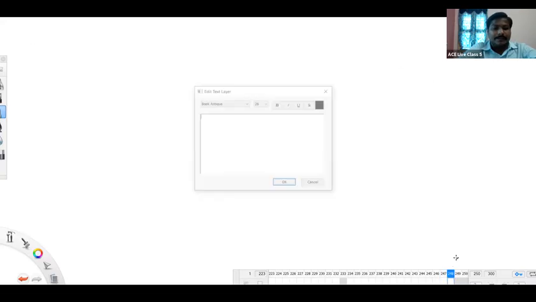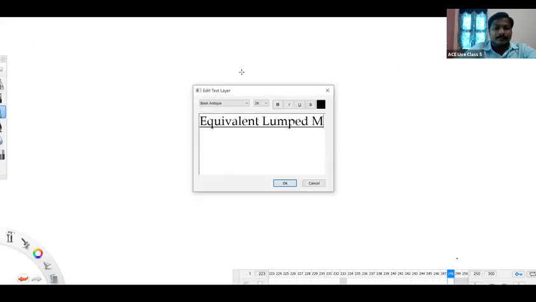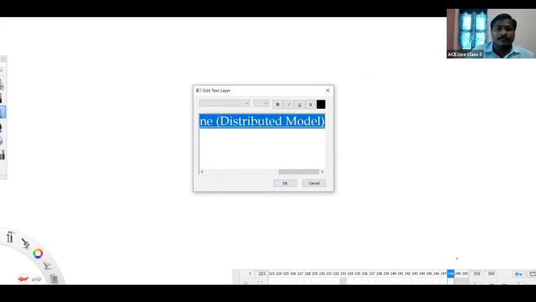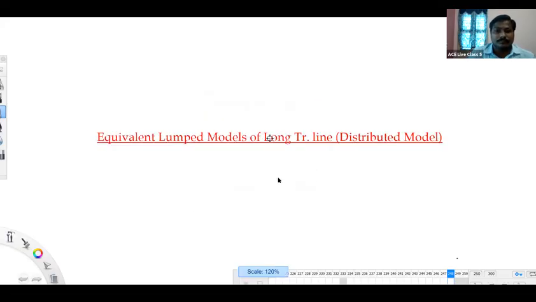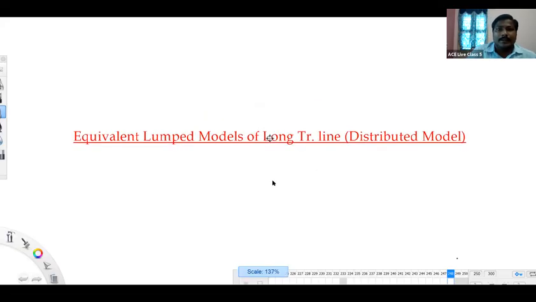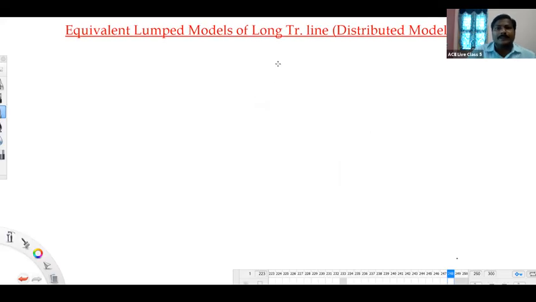Equivalent lumped models of long transmission line, in bracket distributed model.